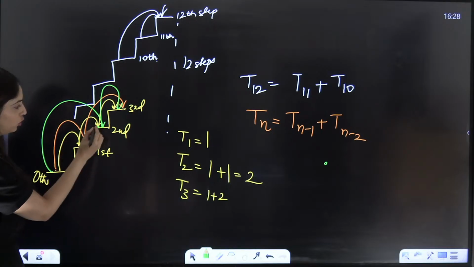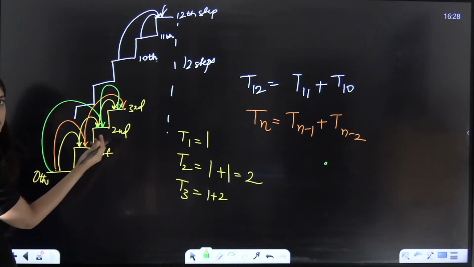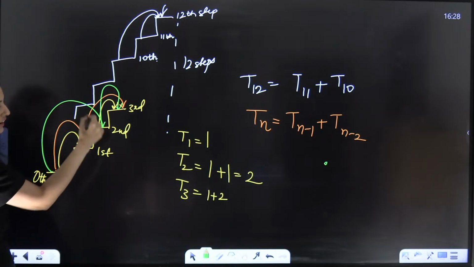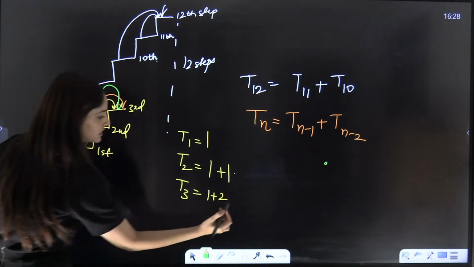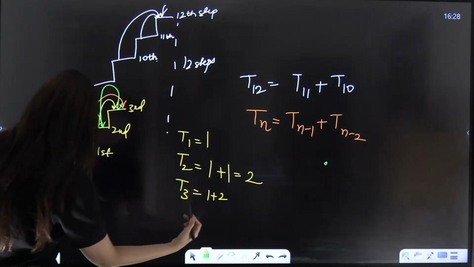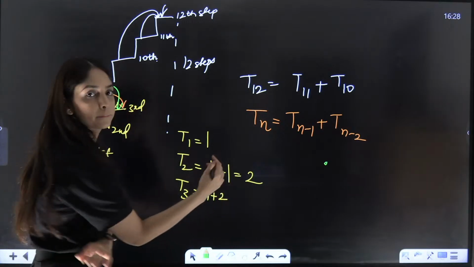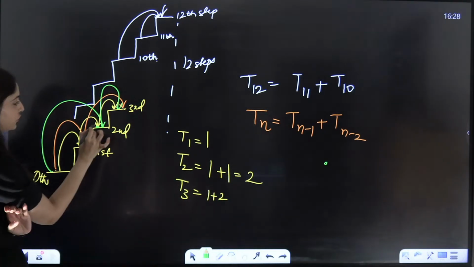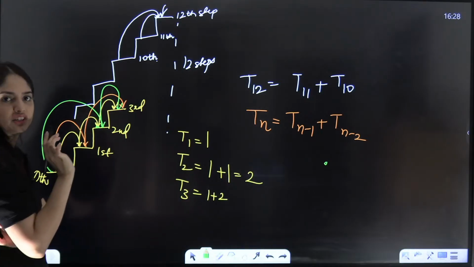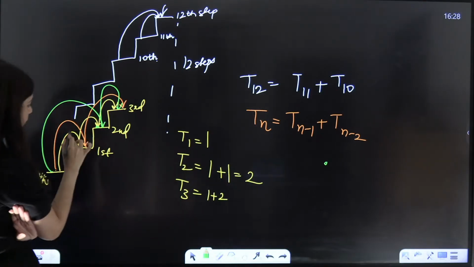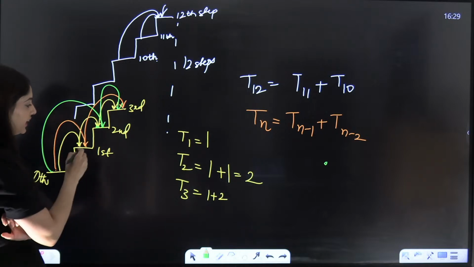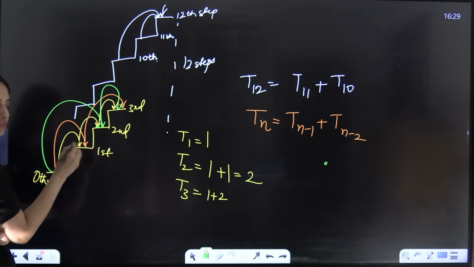Either the yellow route or the green route, which were the two ways. If you forget about the third step, there were two ways of reaching the second step, right? That means after we have reached, there's only one way of reaching the third step. Or if we are not going to second step, we are coming directly from first, then how many ways were there of reaching the first step?